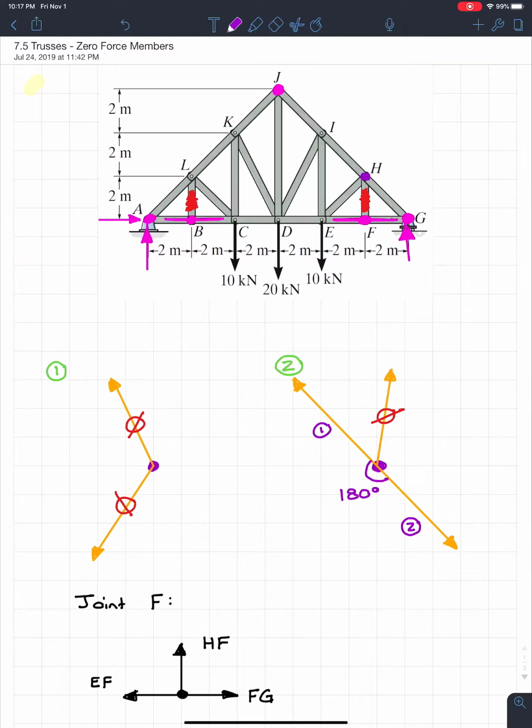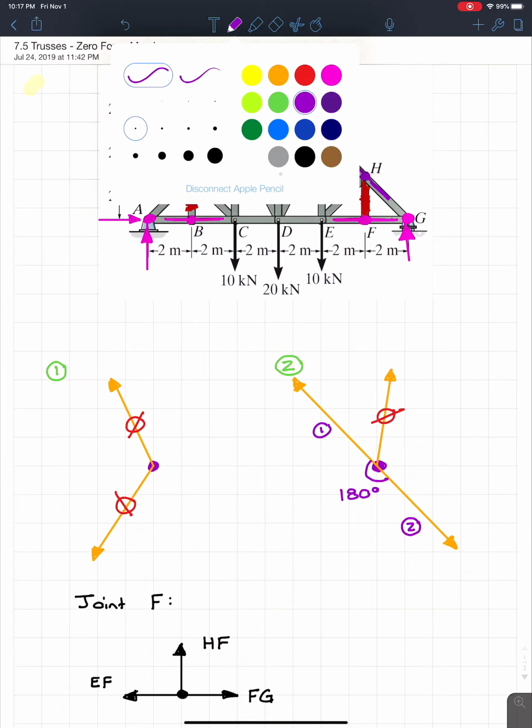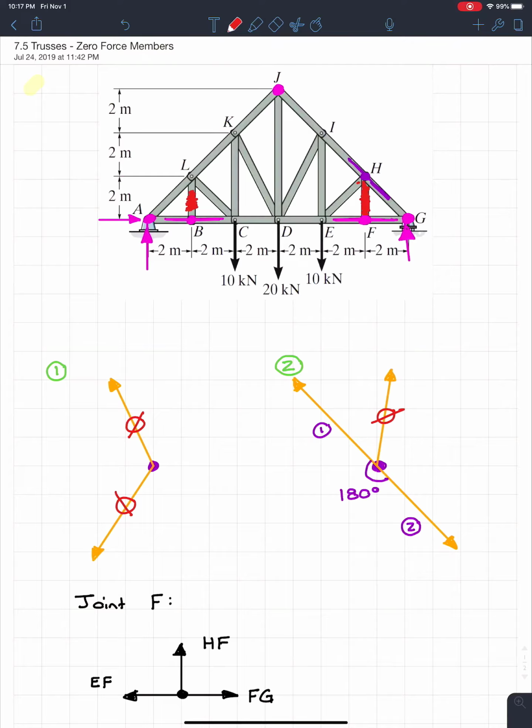However, now that HF is zero force, joint H now actually has 3 members. And if we look at those members, IH is actually collinear with HG. So we can conclude that HE is actually zero force as well.